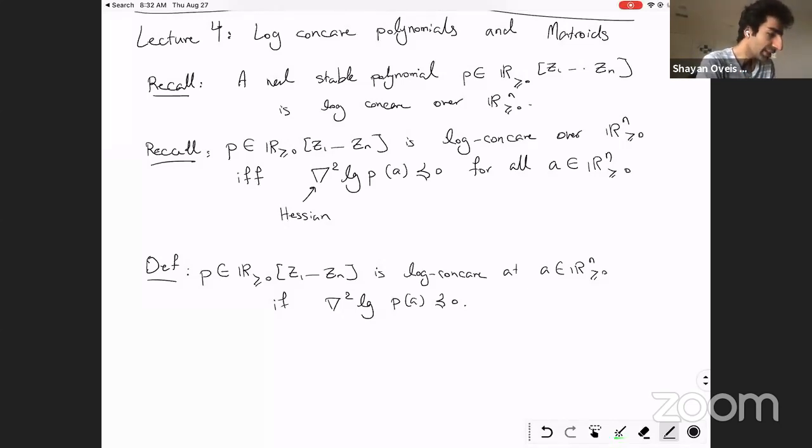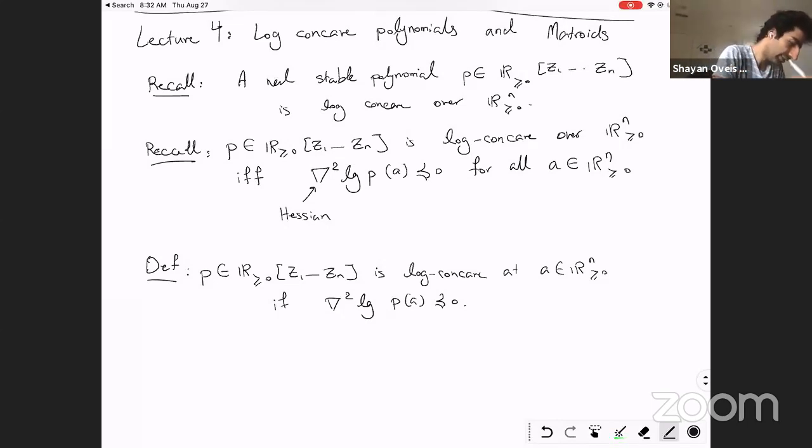So real stable polynomials are log concave. Again, if you have forgotten about log concavity, that means that if you take the log of p, it's a concave function over the positive orthant.